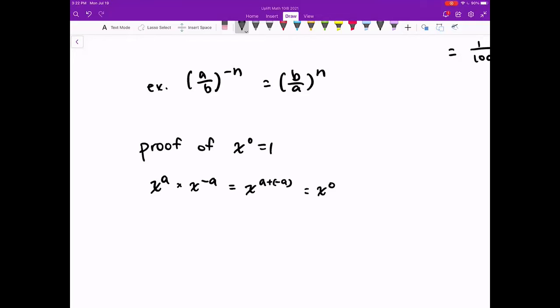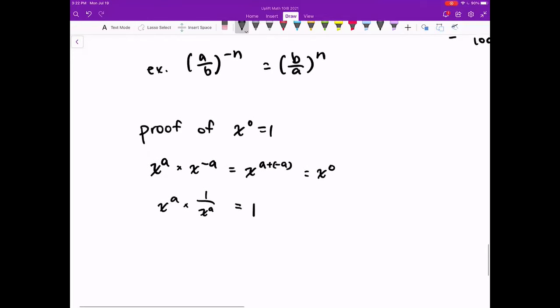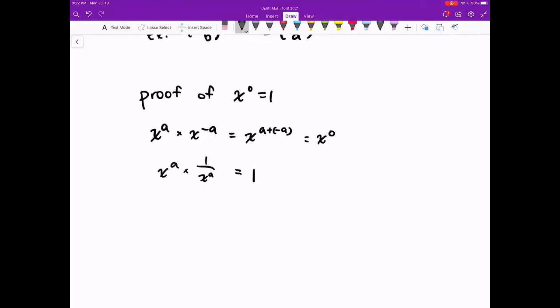So we can rewrite it as x to the power of a multiplied by 1 over x to the power of a. And we end up with x to the power of a divided by x to the power of a, which is always 1, unless x is 0. Again, if x is 0, then we have an error because the denominator cannot be 0.